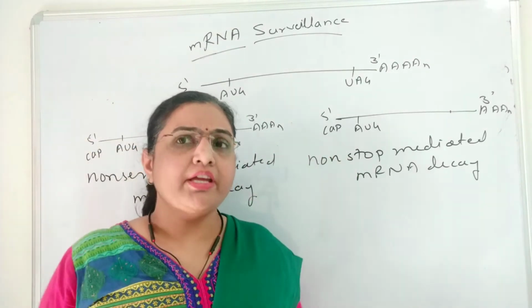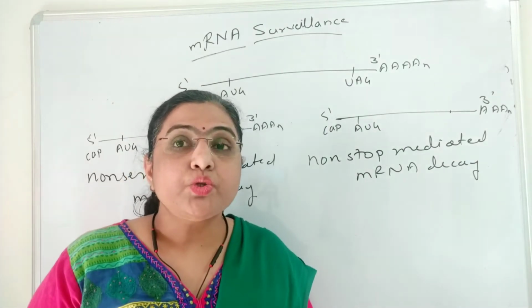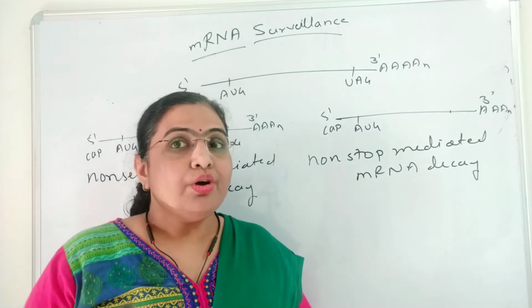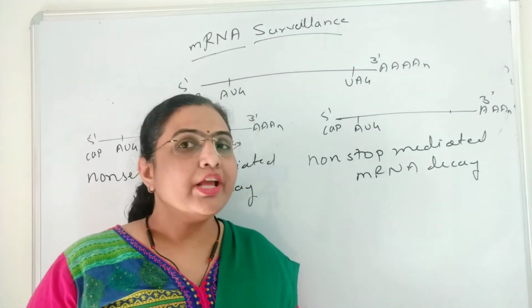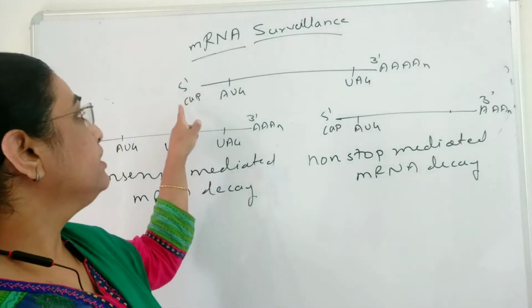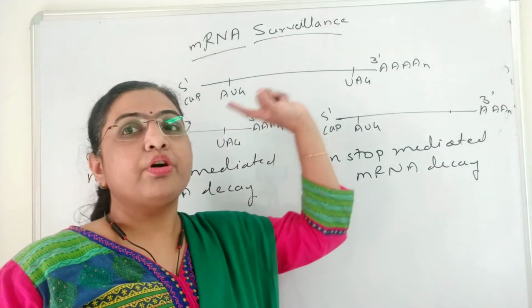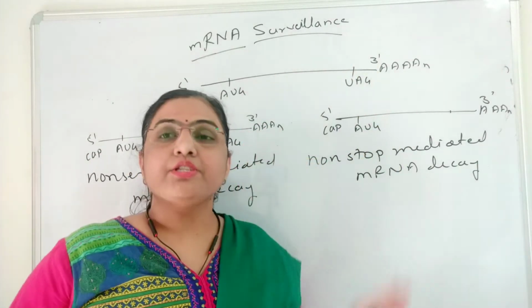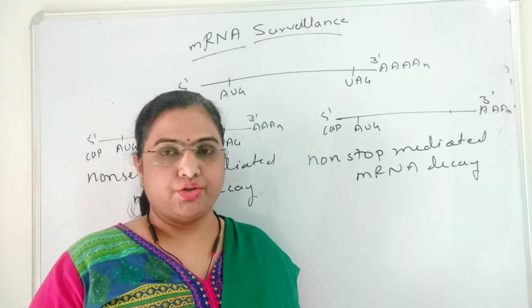For both of these mechanisms, the mRNA has to go for translation. The first cycle of translation is actually a proofreading of the mRNA. The mRNA consists of a 5' cap, an AUG codon, a stop codon, and a poly A tail, and this is identified during the first cycle of translation.